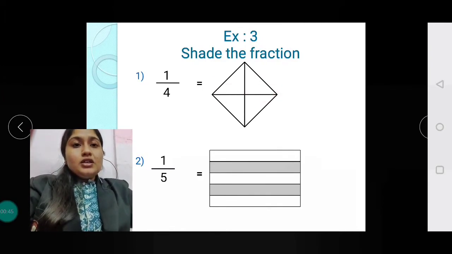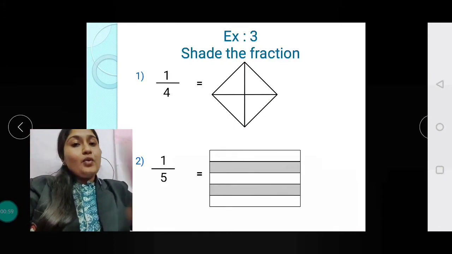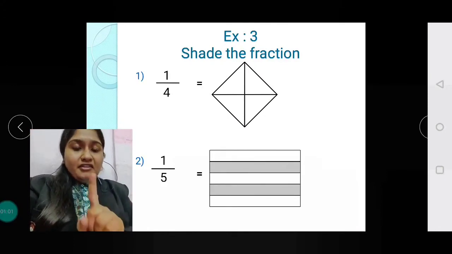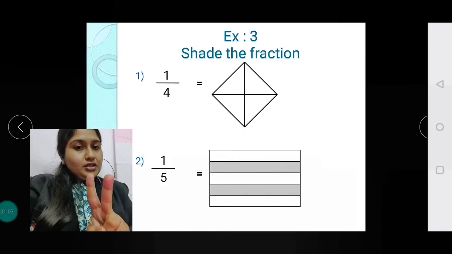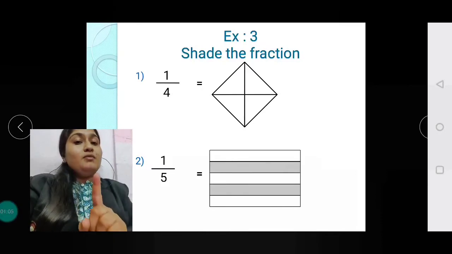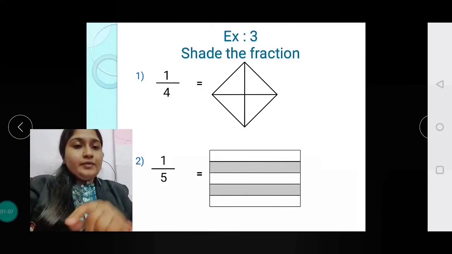So students, 4 parts already दिए गए हैं. आपको क्या करना है? आपको shade करना है किसी भी एक part को, right? आप यहाँ भी shade कर सकते हो, यहाँ भी कर सकते हो, यहाँ कर सकते हो और यहाँ भी कर सकते हो. But we have to shade only one part. अगर आप 2 पार्ट्स को शेड कर देते हो तो आपका पूरा सम रॉन्ग हो जाएगा, राइट?